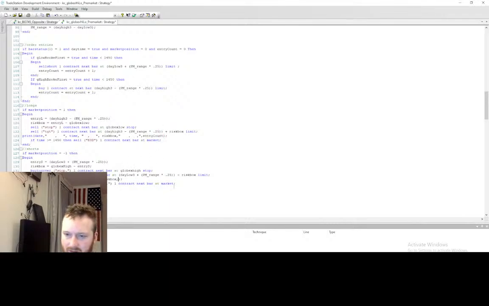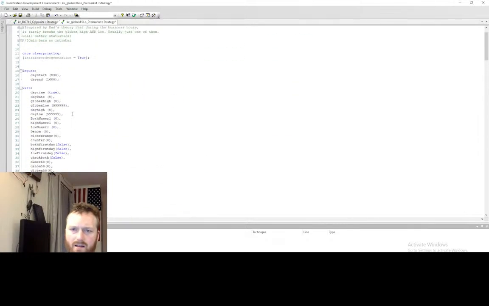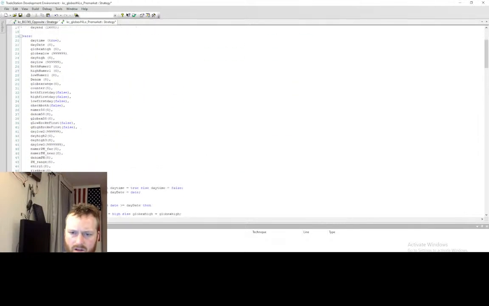Intrabar. So this is a common mistake. Not a mistake, just something to understand. Entry count needs to be intrabar persist. We need to make it an intrabar persist variable.